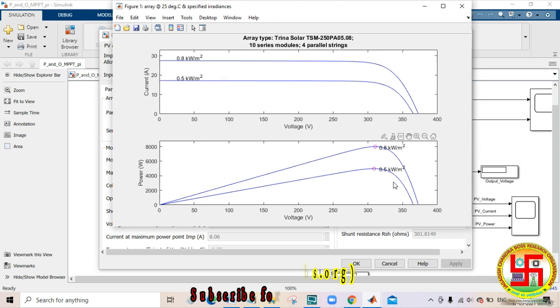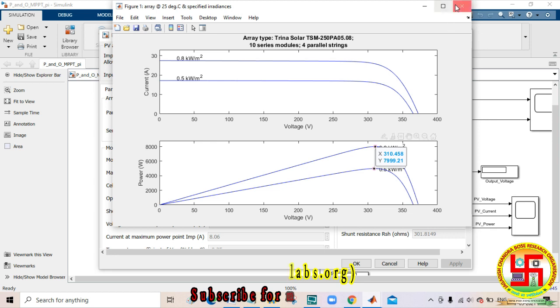This is the maximum voltage, at 308 volts, with about 4980 watts. Here with 800 irradiation, the power you need to achieve is around 7,000, that is around 8 kilowatts of power we are generating.